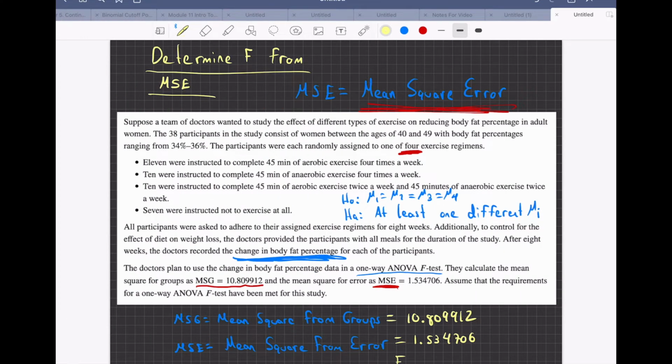The F observed is MSG over MSE. So it will be 10.899112 divided by 1.534706. If you do that, the value you're going to get is 7.0436. You can verify that in your calculator.